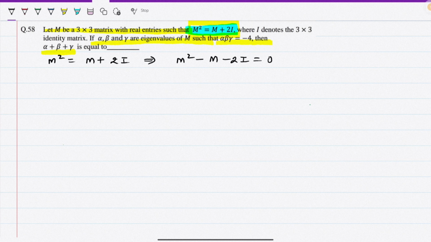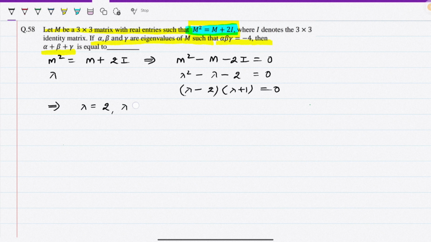So if lambda is an eigenvalue, then lambda square minus lambda minus 2 is equal to 0, which also gives us lambda minus 2 times lambda plus 1 is equal to 0. Thus lambda will be either 2 or -1. These are the eigenvalues of M.